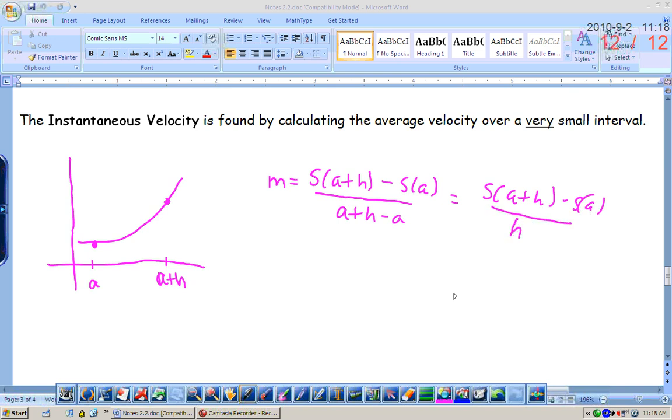All over H, and I'm writing crooked, but I want to calculate this over a very, very small interval, so I want for that H to be getting closer or decreasing or approaching 0. So I want to take the limit as h approaches 0.